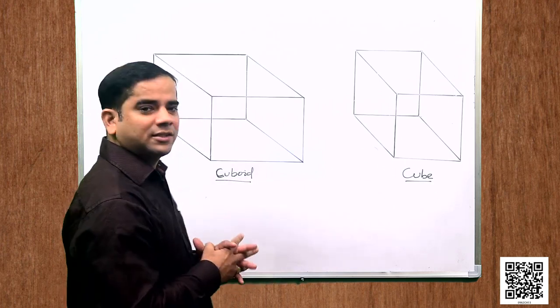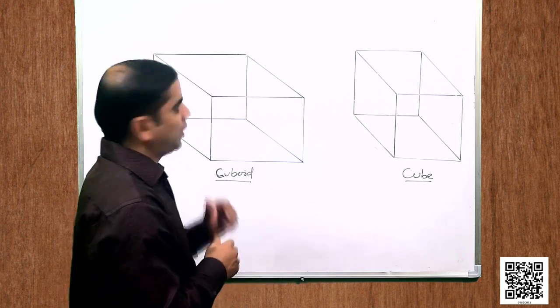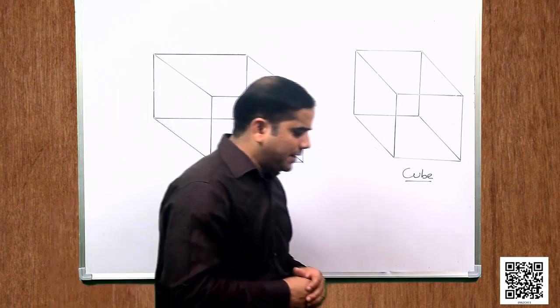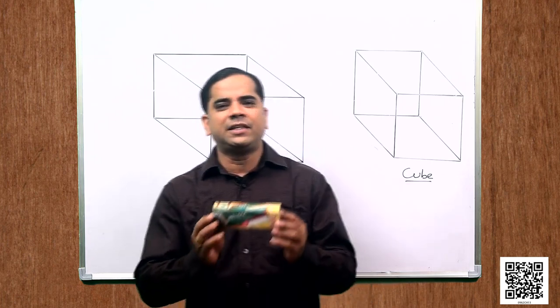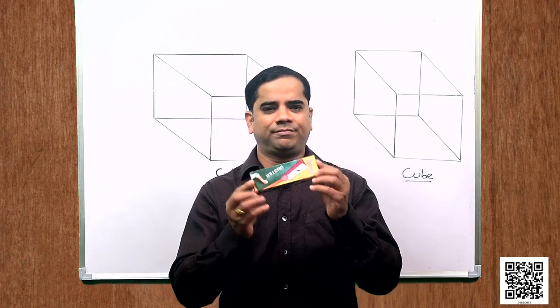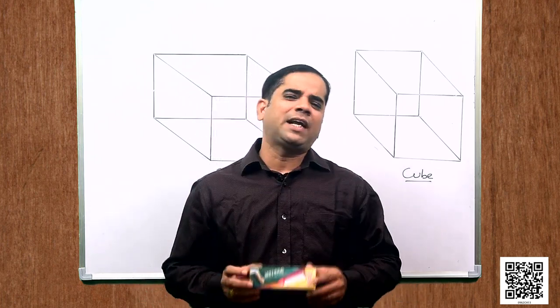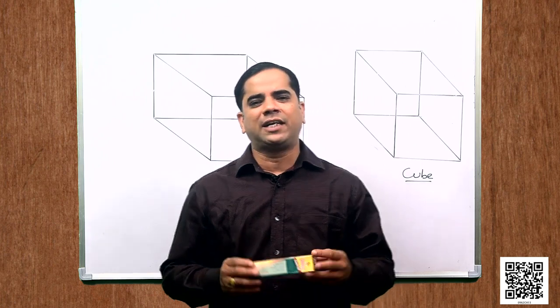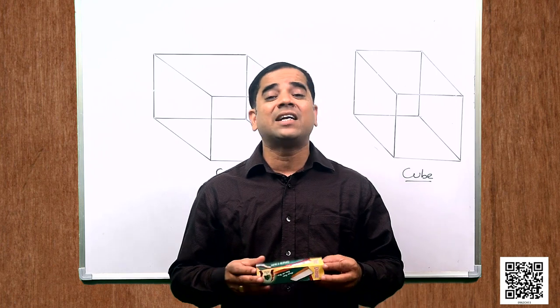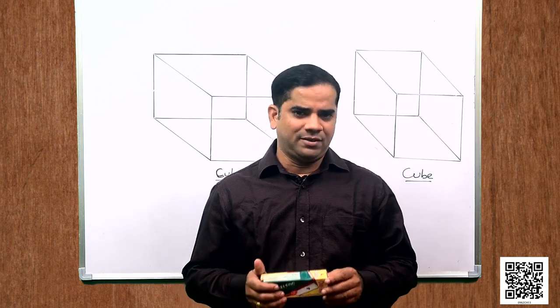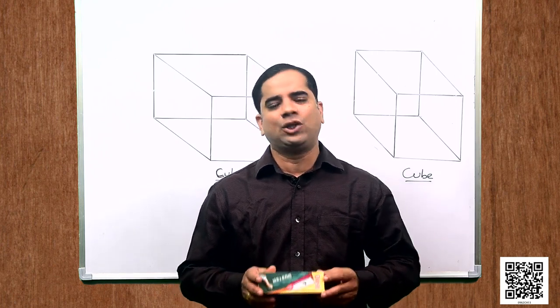Okay? Let us concentrate on this cuboid. This is also a cuboid, isn't it? What is a cuboid? A cuboid is a three-dimensional surface, okay, having rectangular surfaces. So how many surfaces are there in a cuboid?